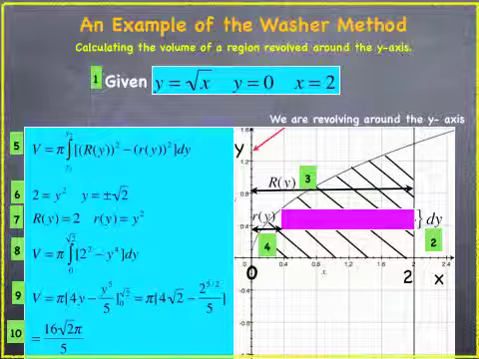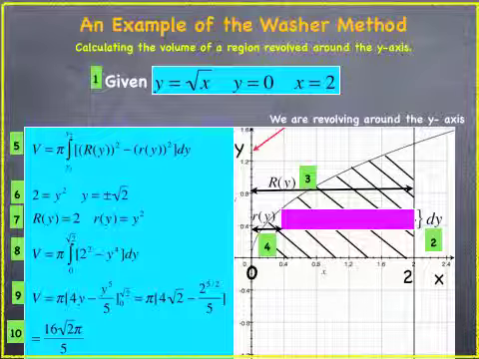Okay, so what else do we need? We need the outer and the inner radius. That's the next step. Go back to the diagram, and if you look at item 3, that represents our outer radius. If you follow the arrows, on the left side our radius touches the axis of revolution, in this case the y-axis, and the right side of the arrow touches, in this case, x equals 2.